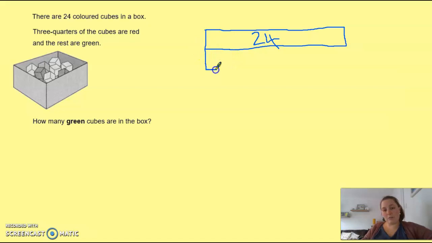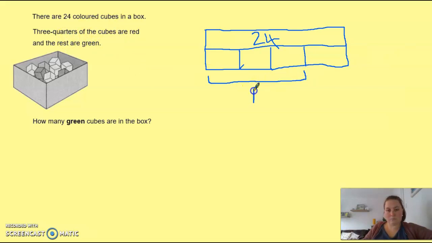So I know my cubes can be split into 4. 1, 2, 3, 4. 3/4 are red and the rest, so that would be this 1/4 here, are green. How many green cubes are in the box?